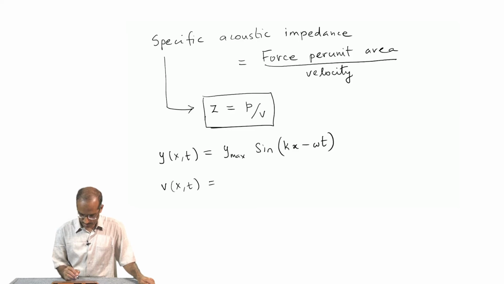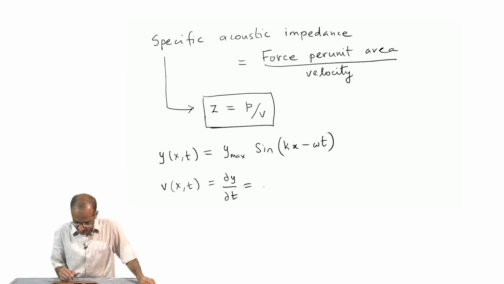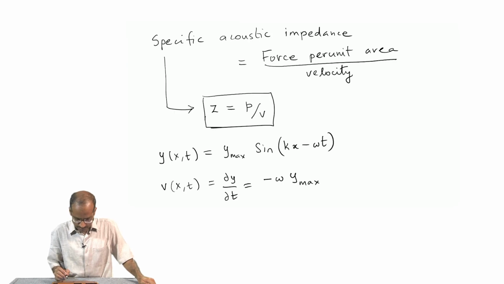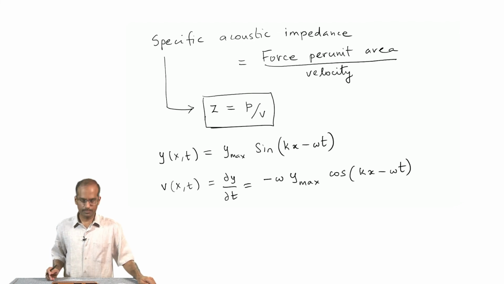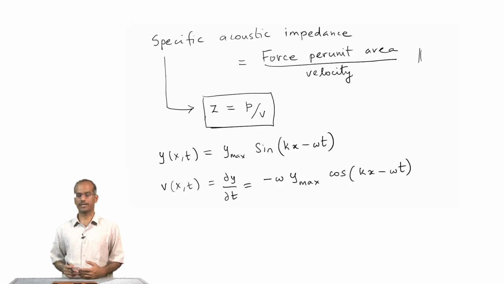So, this v would be dou y by dou t, which is minus omega y max multiplied by cos(kx minus omega t). And the velocity that I have here in this specific acoustic impedance is the particle velocity.